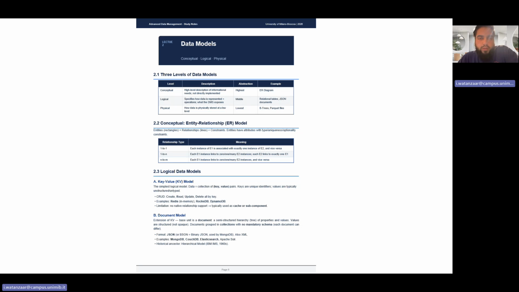Starting with the conceptual model, as is clear from the name, it is conceptual. This is the concept of what we are introducing: a high-level description of information needs, not directly implemented. It is the one that maps the whole database idea at a higher level, so its abstraction is high.